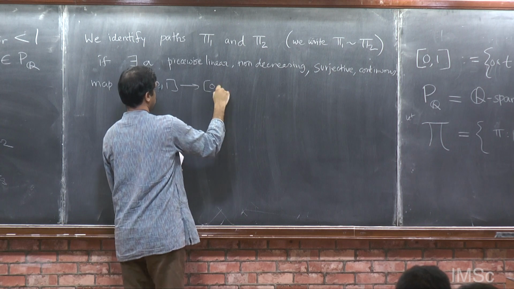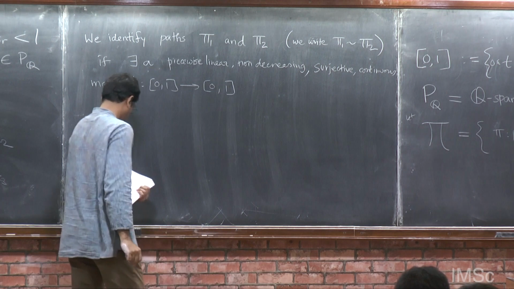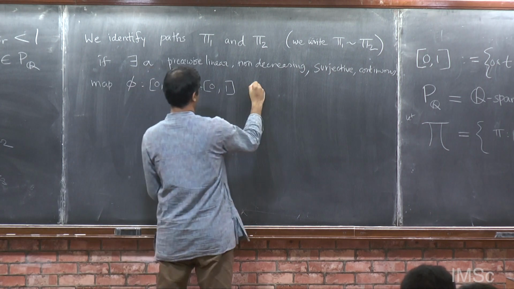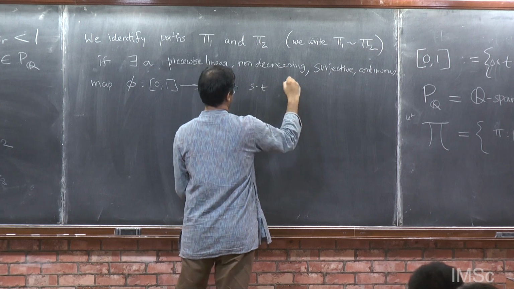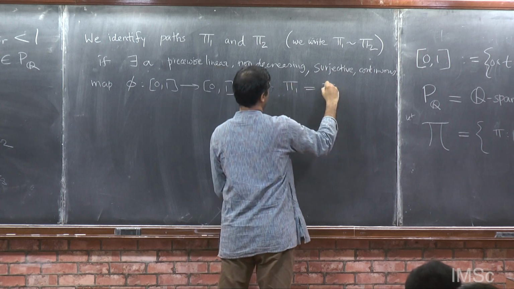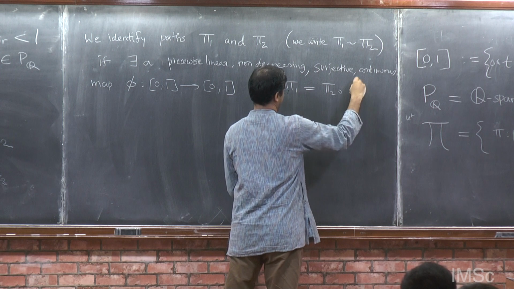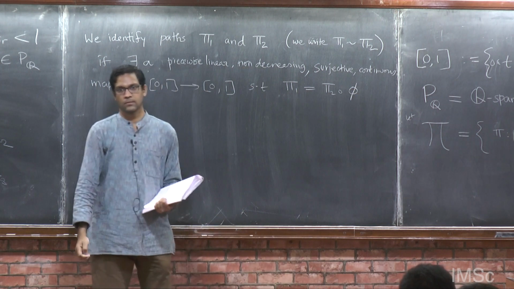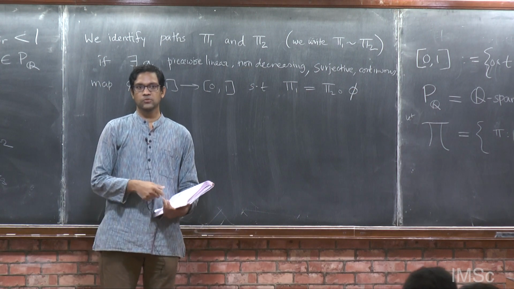So I am reparameterizing the time such that pi 1 is nothing but pi 2 composed with phi. Okay, so this is what we usually mean.